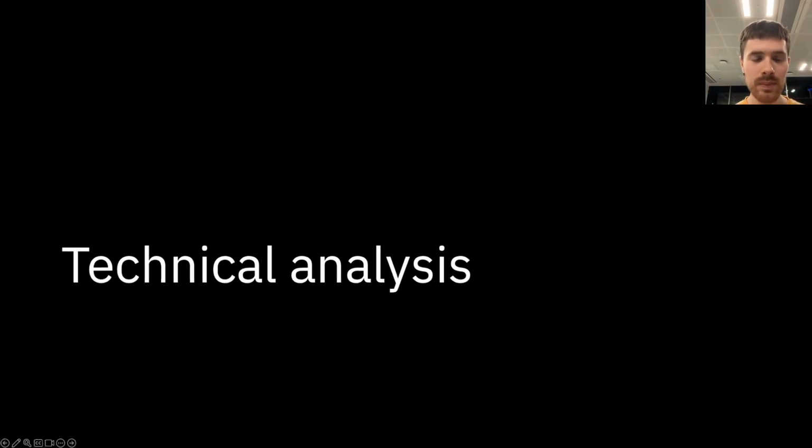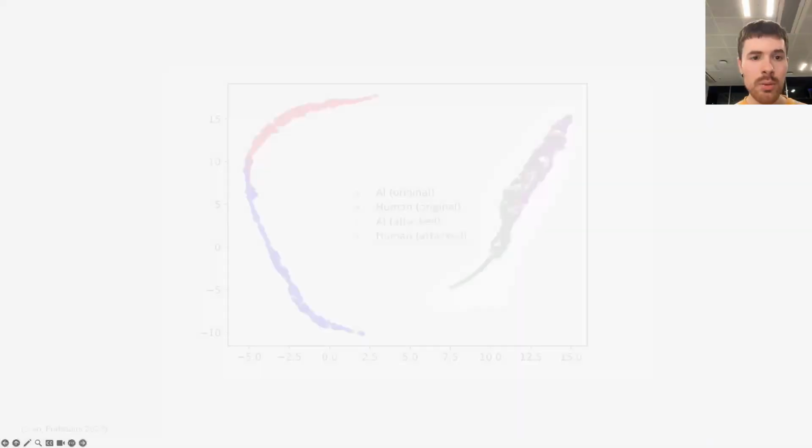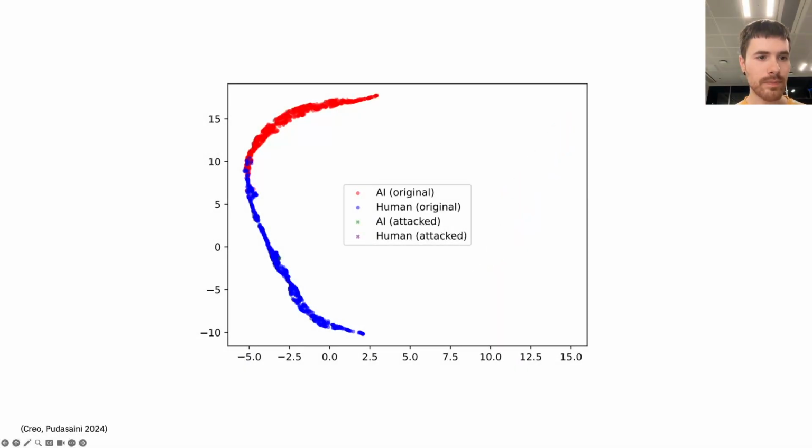Now, let me explain how this works from a more technical point of view. Let's talk about classifiers. What happens to them specifically? Well, you will remember that we had a plot like this, right? We had some points that were very clearly classified as AI, and they were separate from the blue things, which are human.